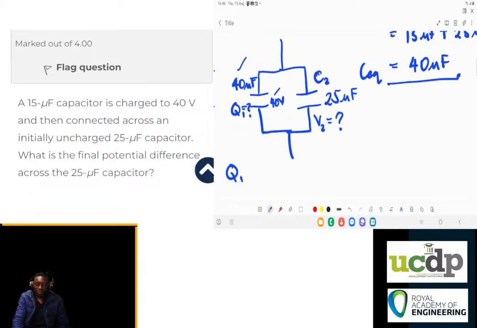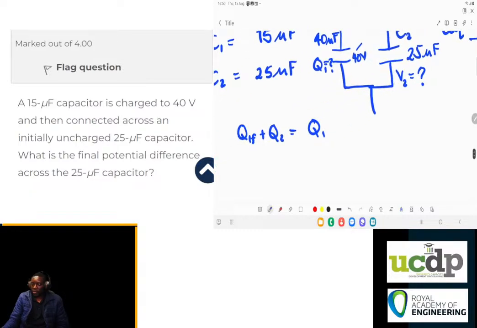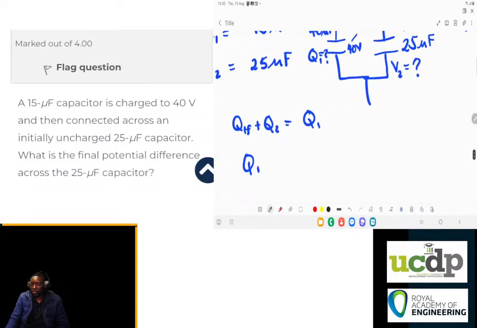I think it's going to be the equivalent capacitance, 40, multiplied by the 40 volts. Okay, so our total charge QT should be equal to the capacitance times the voltage. Which capacitance do we use in this case?